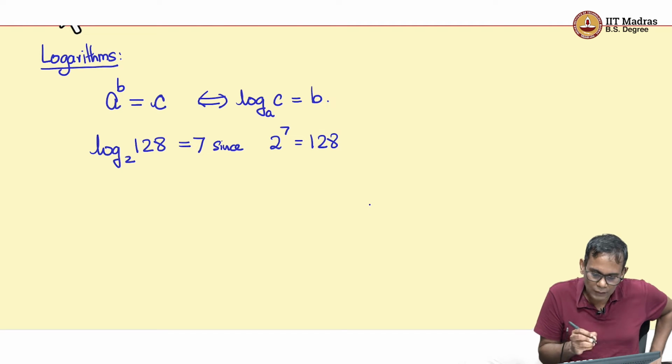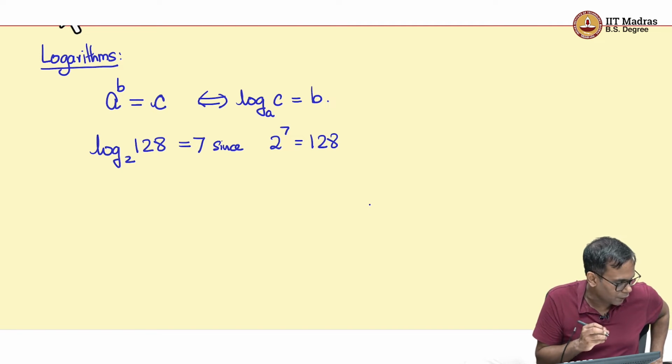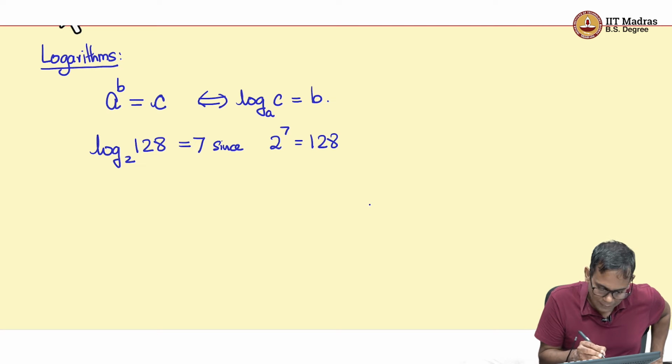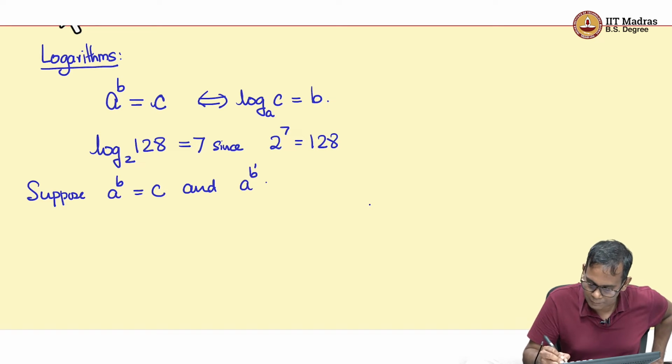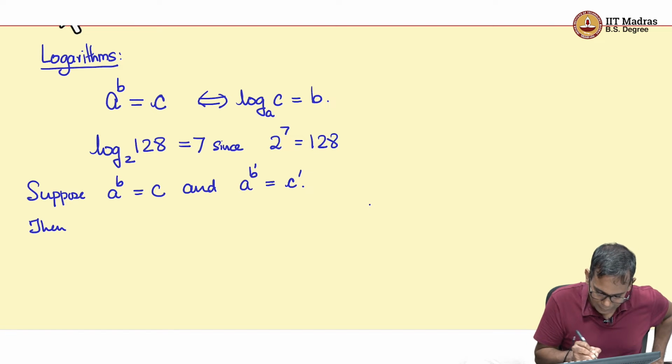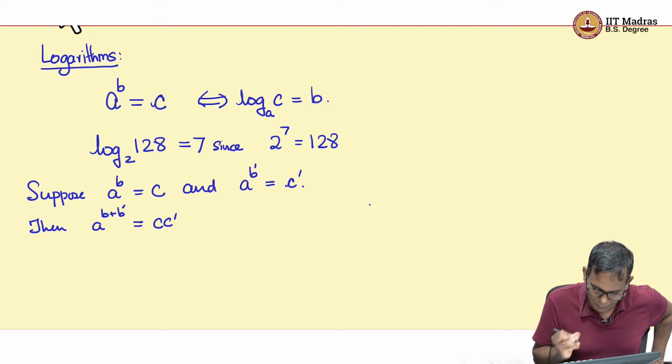One of the features of this logarithm function is that suppose we have a to the power b is equal to c and a to the power some other number b prime is equal to c prime. Then a to the power b into a to the power b prime is just the same as a to the power b plus b prime, which is equal to c c prime.